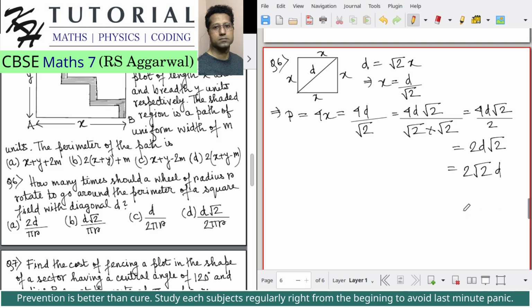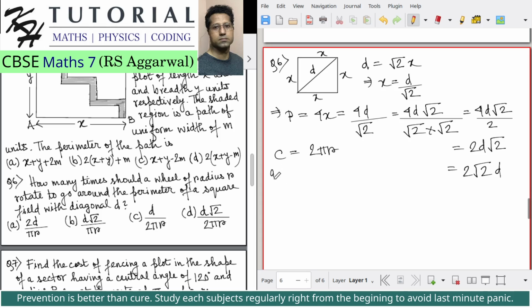Okay, now the question is asking how many times a wheel of radius r should rotate to go around the perimeter of the square. That is, we have to find how many rotations will be required for the wheel to cover a distance of the perimeter of the square, which is 2 into square root of 2 into d. We know that the circumference of the wheel is 2 pi r.